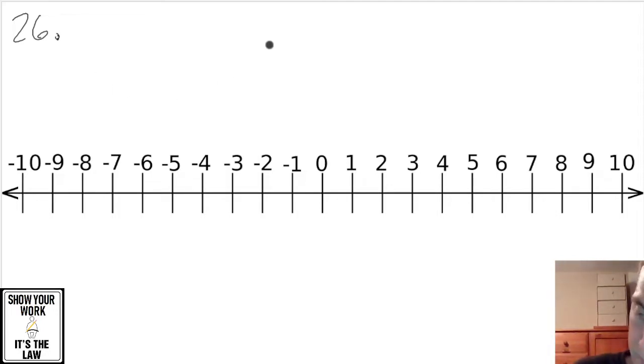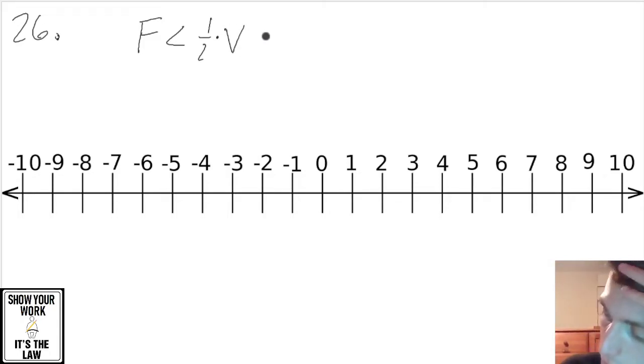The points of the faculty team was less than half as many points. Half of means half multiply. Half as many as the varsity team. Okay. A total of 100 points were scored. So the points of the faculty plus the points of the varsity equals 100.